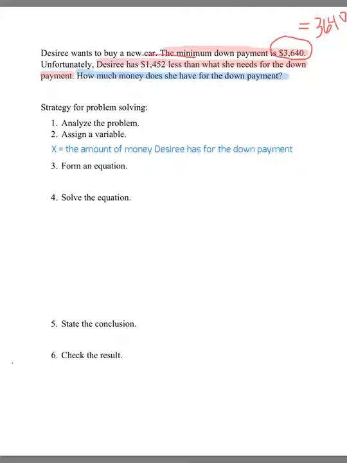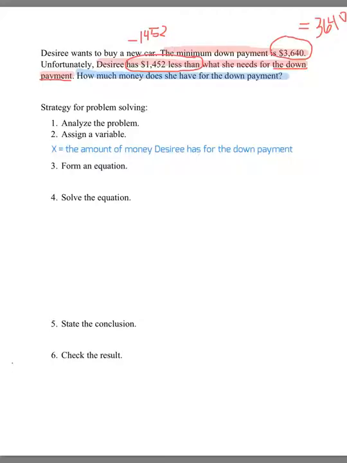Another keyword is has $1,452 less than. Less than what though? Less than the down payment. So whenever you see the words less than, that's going to be an indicator of subtraction. What are we going to subtract? The quantity specified, 1,452. Now what is it exactly that we're going to subtract that from? According to this sentence, from the down payment.